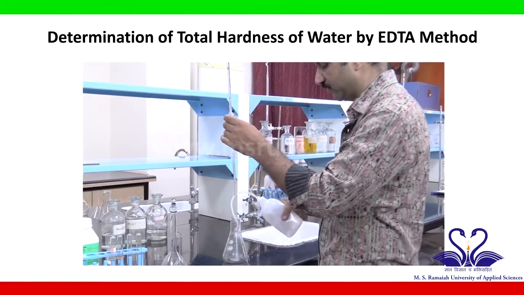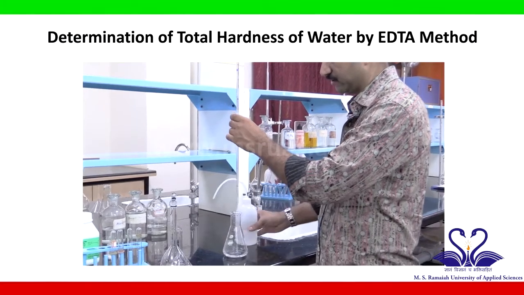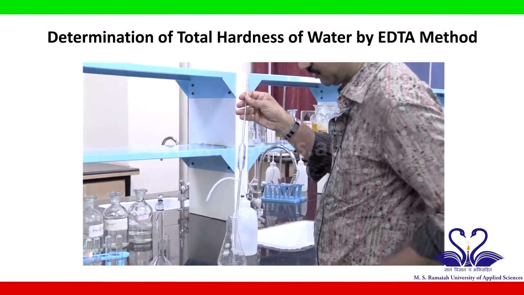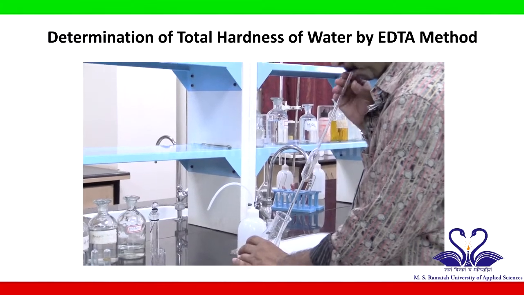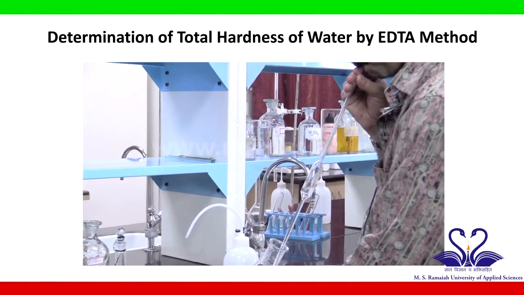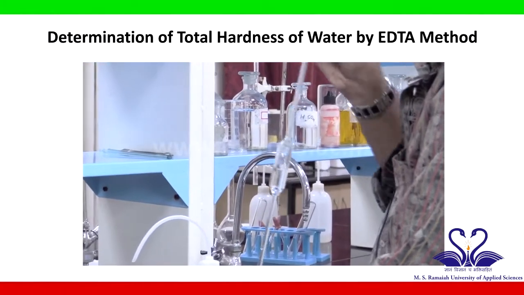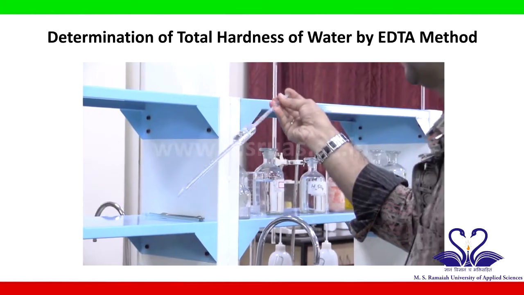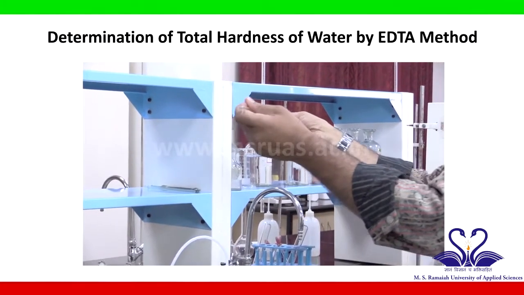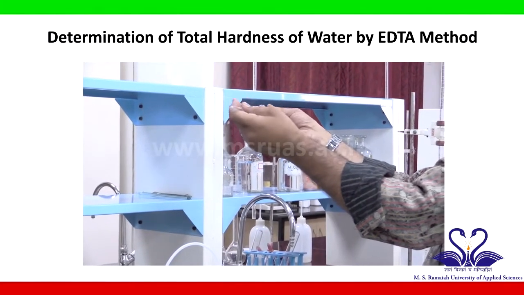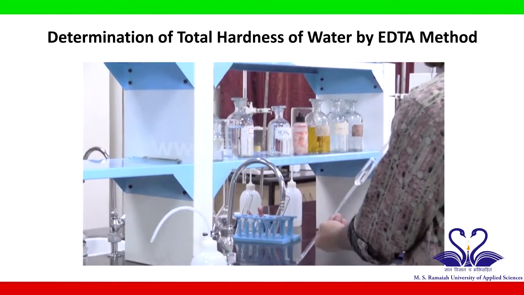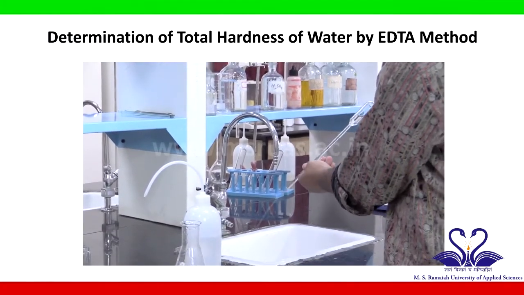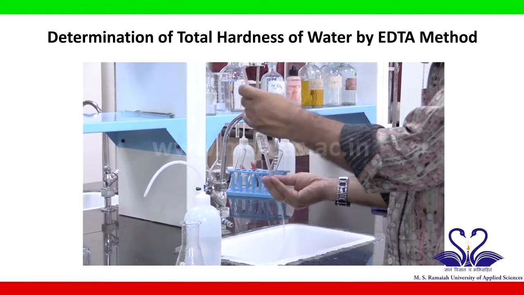The burette, you can wash it by taking some quantity of water in the beaker, sucking it with the bulb, and making it flow from both the ends.